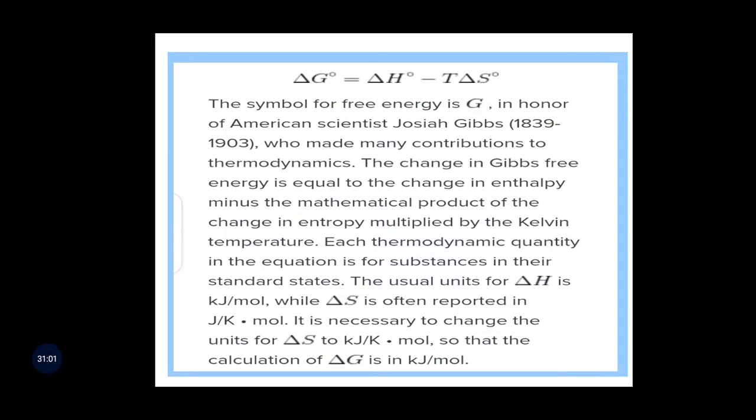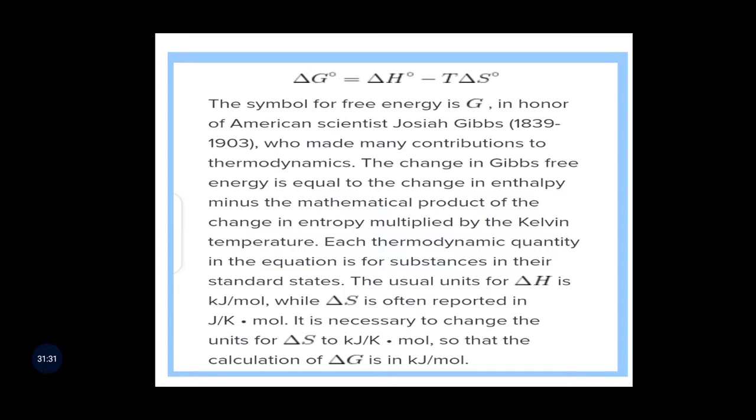The usual unit for change in enthalpy is kilojoule per mole, while entropy change is often reported in joule per Kelvin per mole. So it is necessary to change the unit for change in entropy to kilojoule per Kelvin per mole.